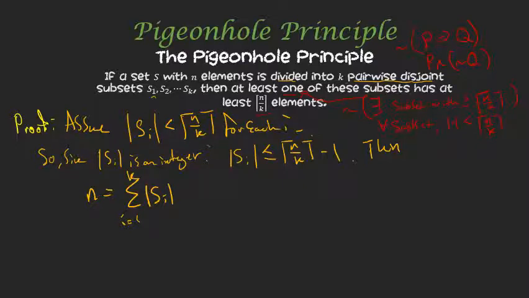I know that each one of these is less than or equal to ceiling n over k minus 1.